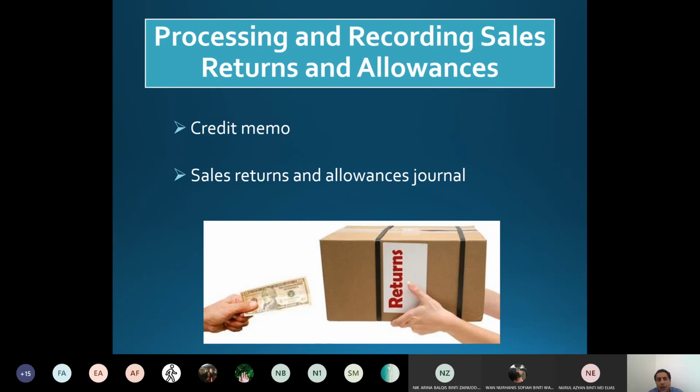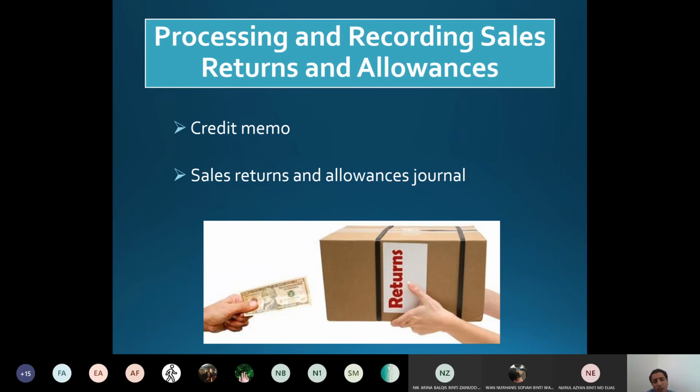Okay, so now we move to processing and recording sales returns and allowances. In case there is an allowance, we give them an allowance due to defective items, or due to past payment of the due amount, or, as I said, defective items that we sent them, so instead of returning the item, we give them an allowance.